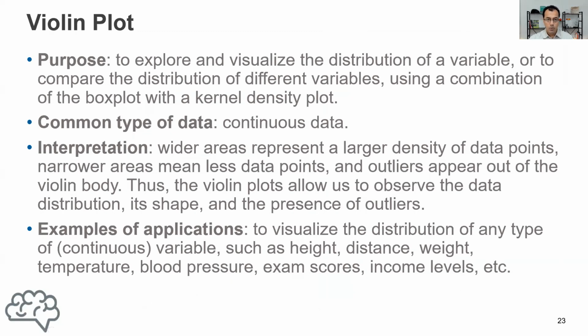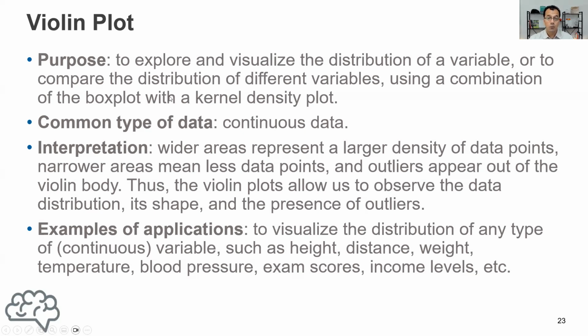Finally, to conclude the distributions set of visuals, we have the violin plot. The violin plot can be understood as an extension of the box plot that is capable of showing us the density of data within the distribution, right?